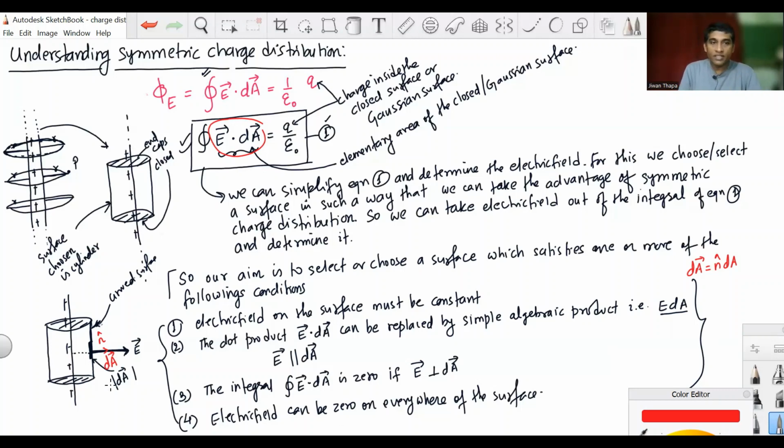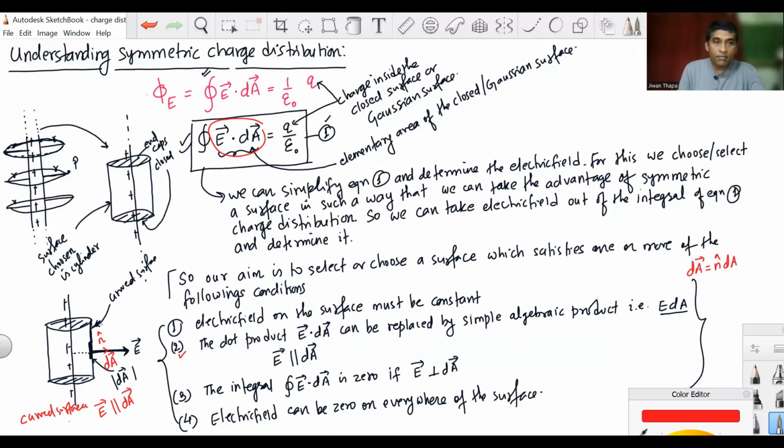So what we find on the curved surface is that electric field and vector area are parallel to each other. So condition 2 of symmetry is satisfied on the curved surface of the cylinder.